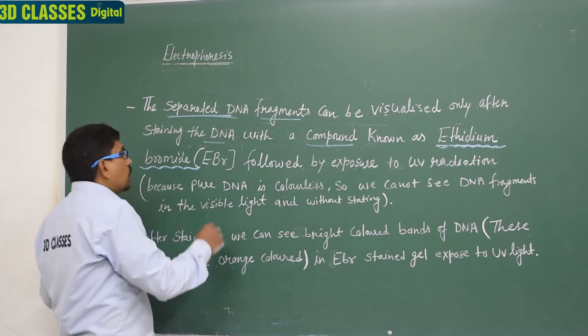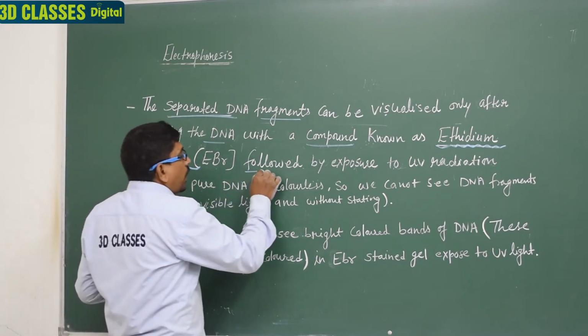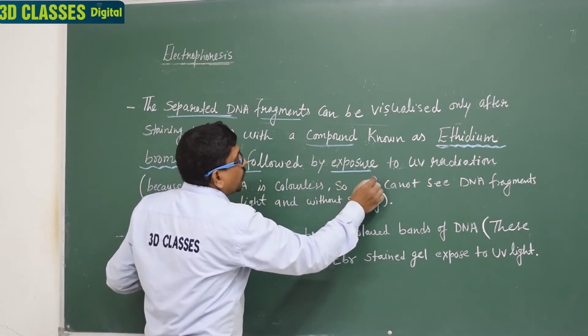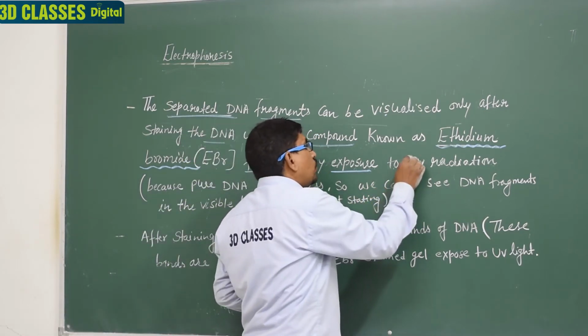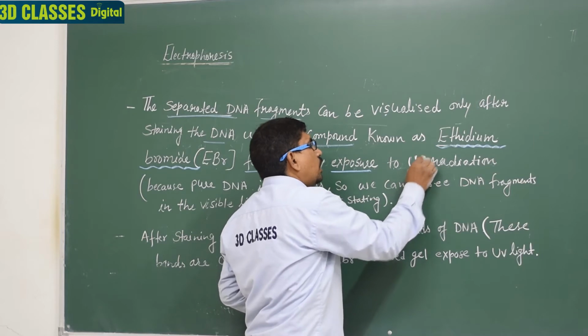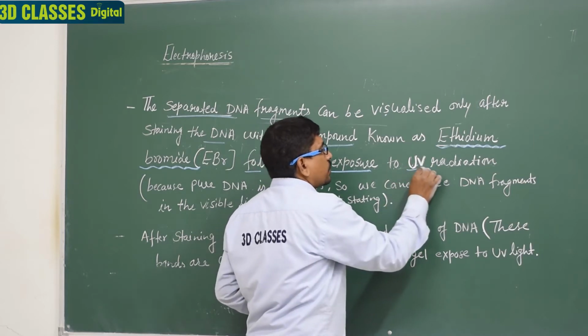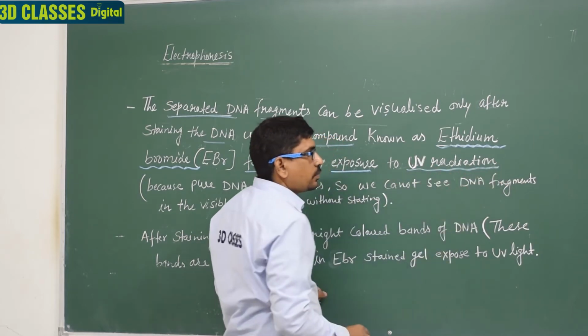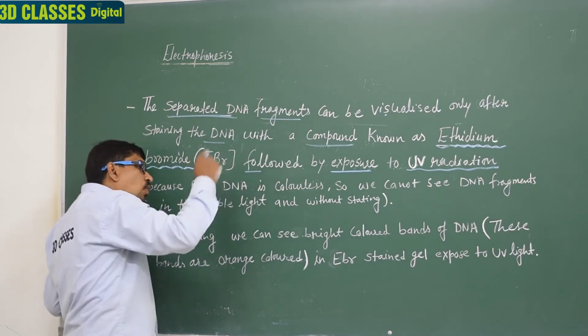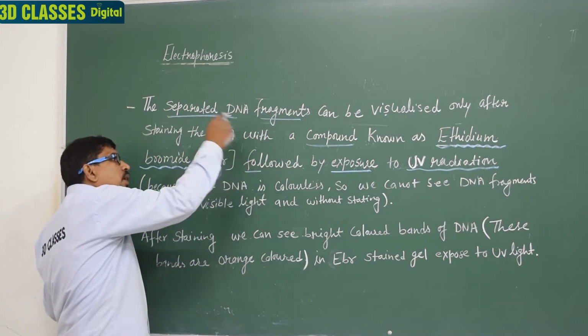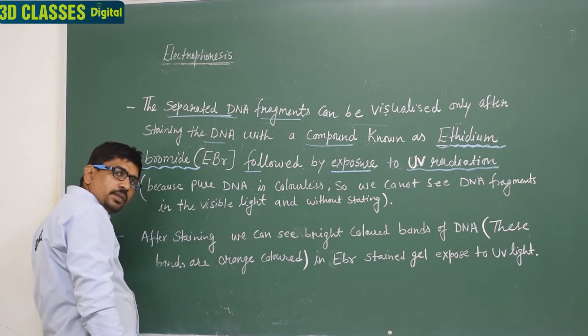Clear? So, EBR followed by exposure to UV radiation, UV lights. Clear? So, EBR and UV lights are required for the visualization of the DNA segments.